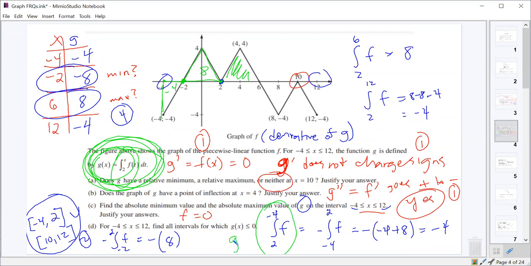And so it's not just about the area underneath the curve, but it also has to do with what the limits of integration are. So you got to go from 2 to -4, not -4 to 2. I see. Does that make sense? Yeah. Cool. Any other questions on that one?